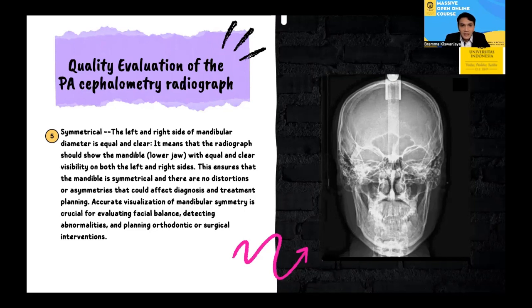This ensures that the mandible is symmetrical and there are no distortions or asymmetries that could affect diagnosis and treatment planning. Accurate visualization of mandibular symmetry is crucial for evaluating facial balance, detecting abnormalities, and planning orthodontic or surgical intervention.